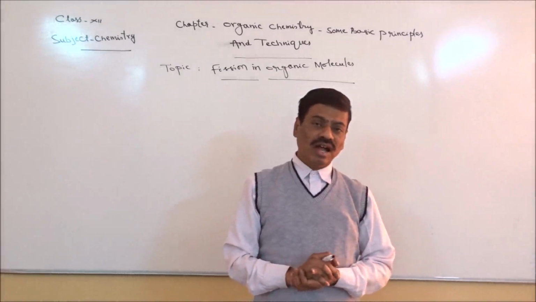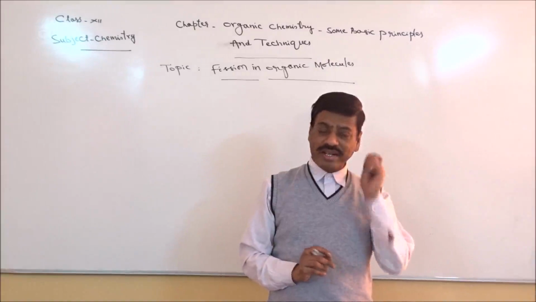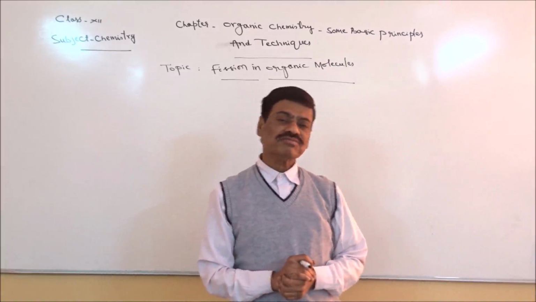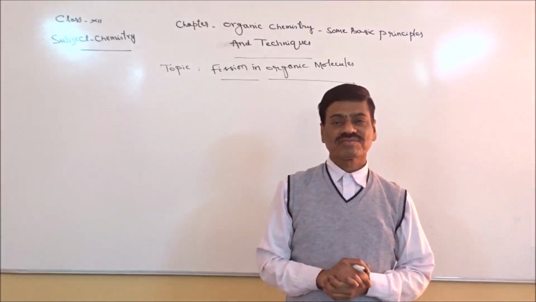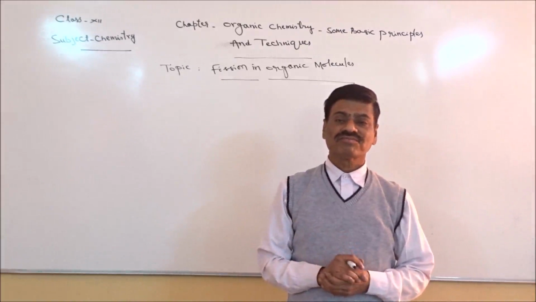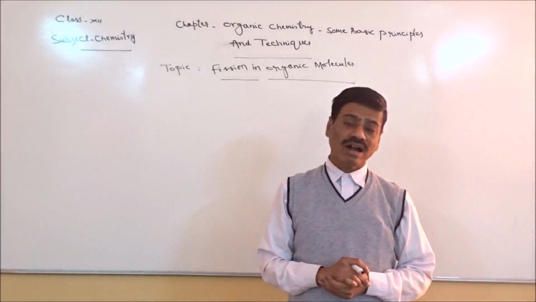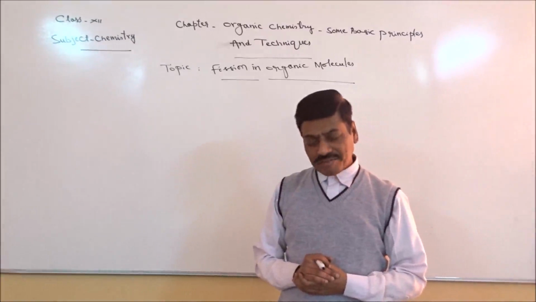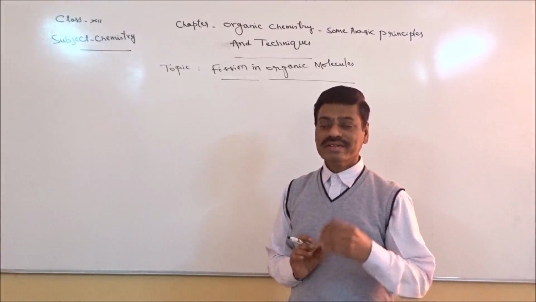An organic compound usually contains carbon, hydrogen with oxygen, halogen, phosphorus, sulfur, and so on. And when can fission of the bond take place?